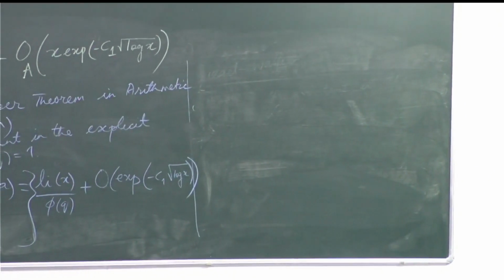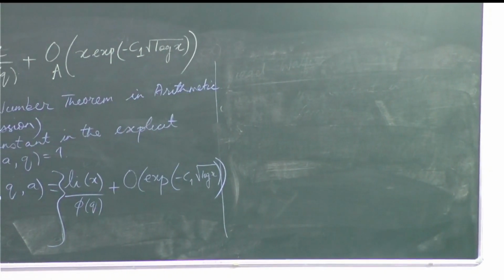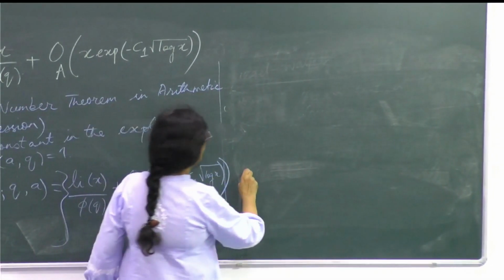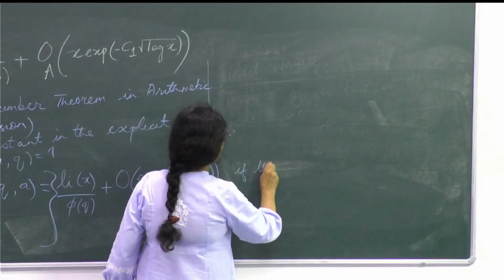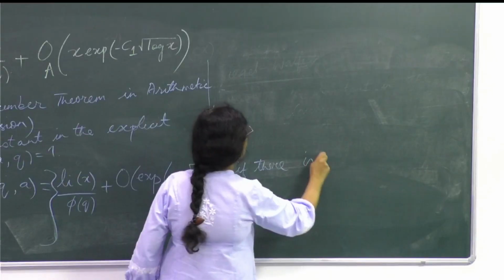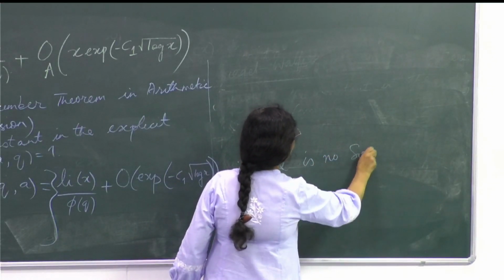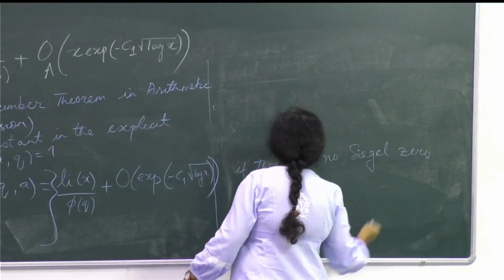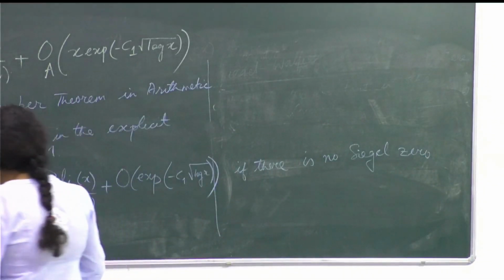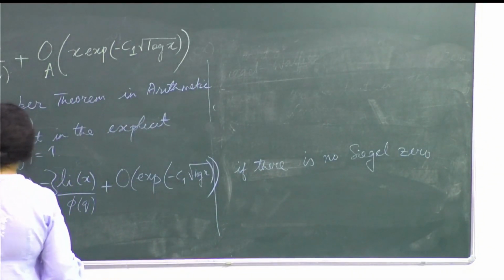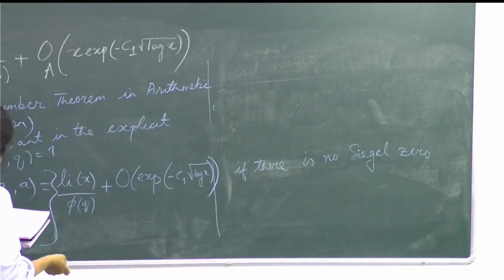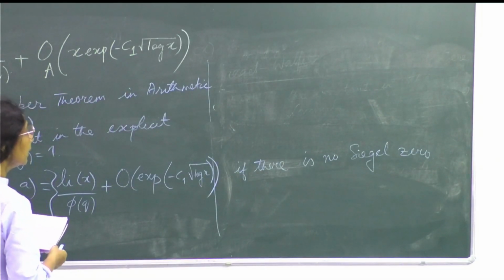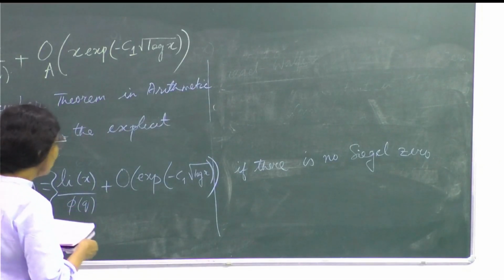And if there is a Siegel zero, which is beta 1, and there is no Siegel zero modulus q, okay?